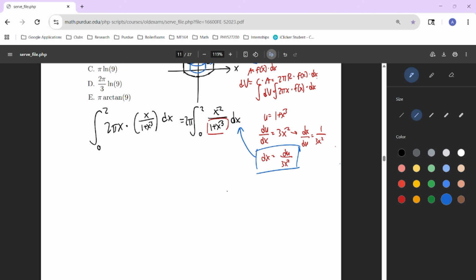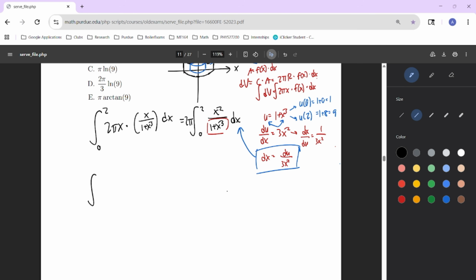We just plug the values of x from our bounds of integration into this function and solve for u. So when x is equal to 0, u would be 1 plus 0, which is 1, but when x is equal to 2, u would be 1 plus 8, which is 9. Those are our new bounds of integration, and now we are ready to solve in the new basis.